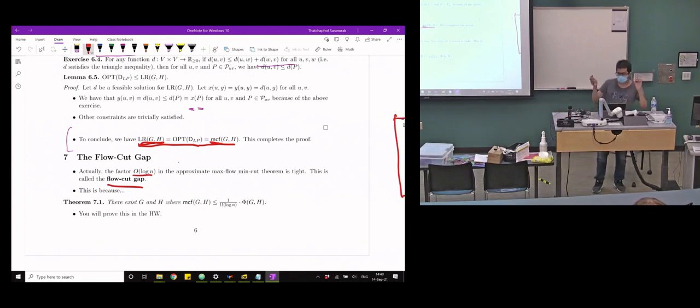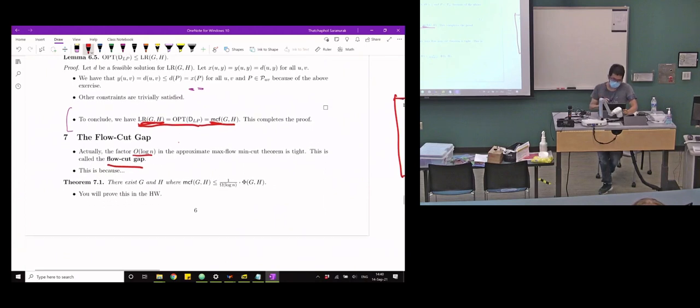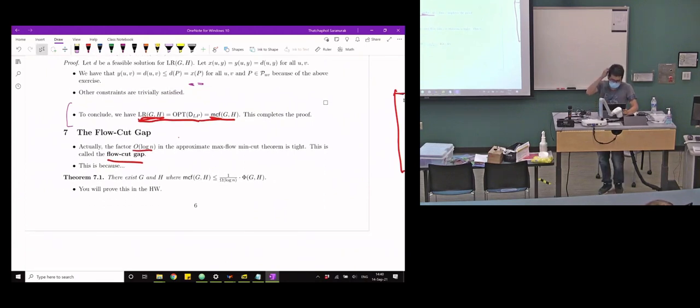I will try to write some steps in the homework, and you will prove this. Just a spoiler, the graph that you will see has a gap. By the way, what do I mean by a gap? I mean that, let's say, this thing is big, but the flow is small.